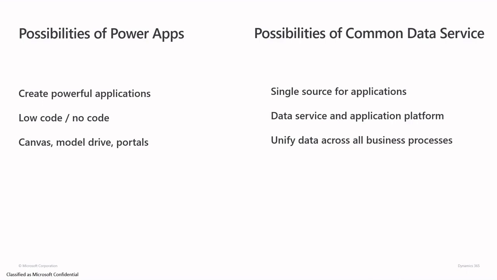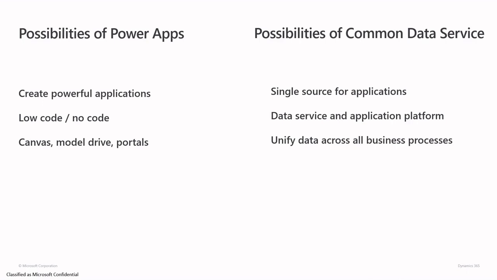For example, when you want to extract your data from Business Central and combine it with other sources such as Dynamics 365 customer engagement or sales, or, I don't know, your Excel sheets, you can use Common Data Service and Common Data Model, which can be a single source of data for your applications. So for example, I will publish my data to the Common Data Model database using Common Data Service.